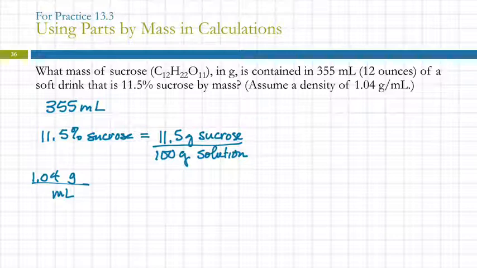So in that density, grams of what? Grams of the solution, right? The density would be grams of solution per milliliter of solution. Chemists get tired of writing the word solution, so we abbreviate it like that. And this 355 milliliters, is that 355 milliliters of sucrose or water? It's the solution, right?